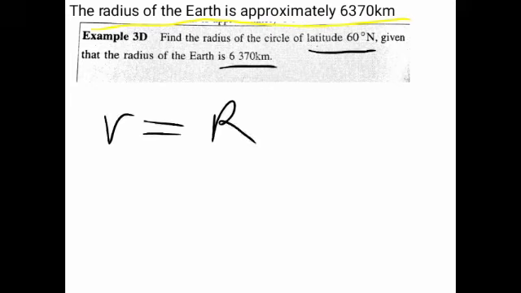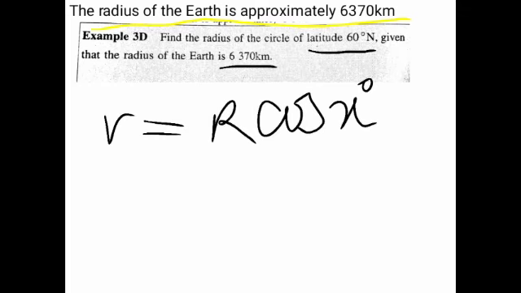Let's look at how we can solve this problem. Find the radius of the circle of latitude 60 degrees north, given that the radius of the Earth is 6,370 kilometers. Therefore, to solve this problem, we now know how to calculate the radius of any latitude. We said r is equal to R cos x degrees.